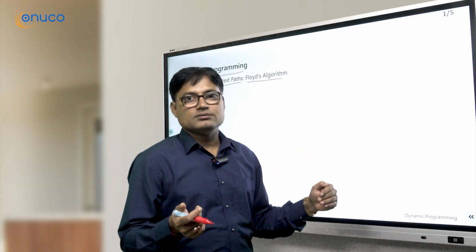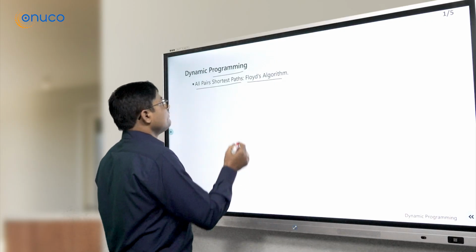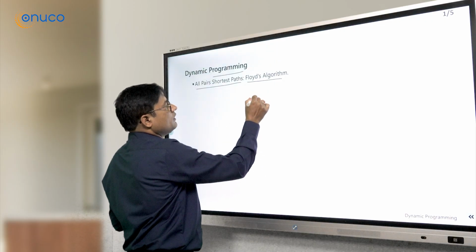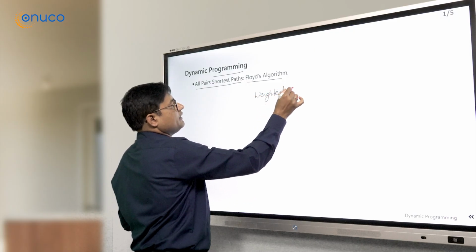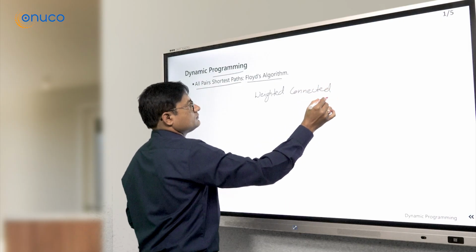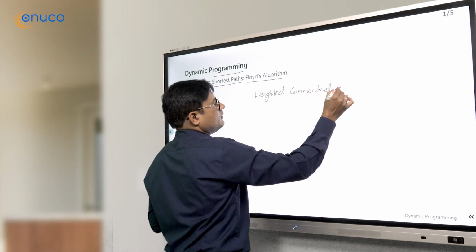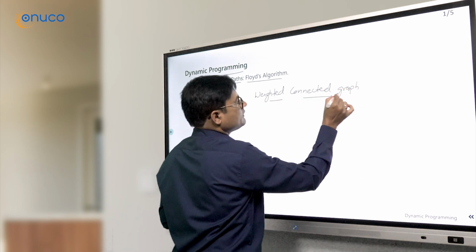That is called the weight. So we are going to perform Floyd's algorithm on a weighted connected graph.